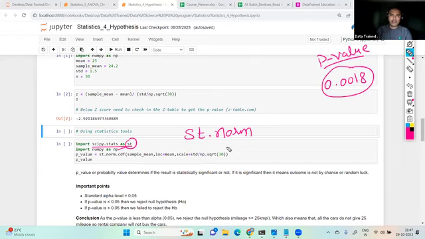In inferential statistics, right? There are two types: descriptive and inferential statistics. I hope that has been discussed during statistics class.